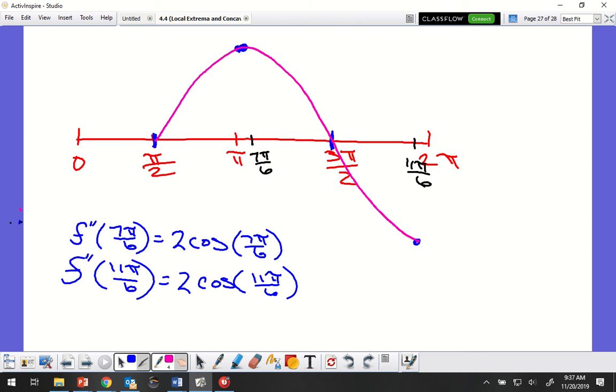I know I have a max here and a min here. Even if this side keeps going, if it goes up on the other side, that's still concave up, isn't it? Okay. Does this make sense? That's basically what we're trying to get at.